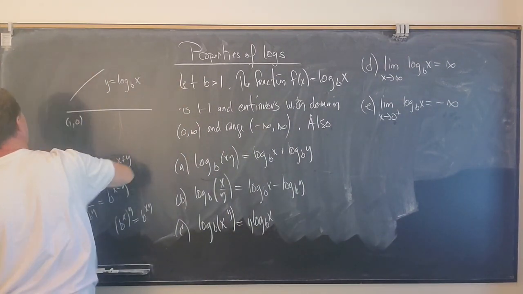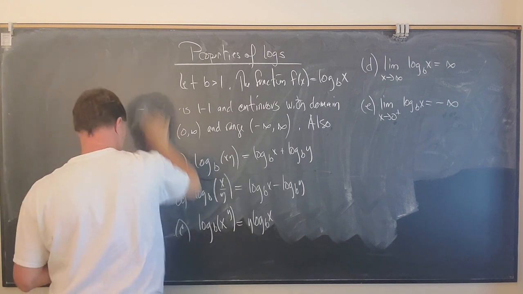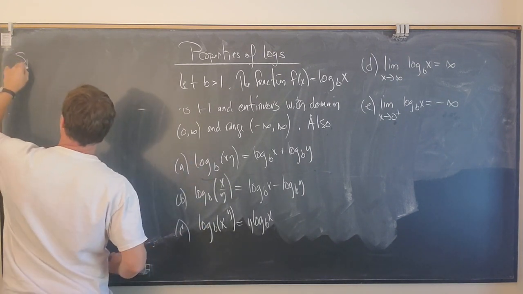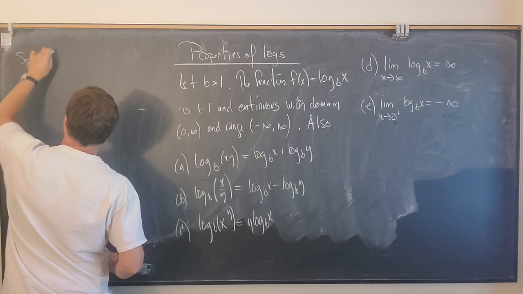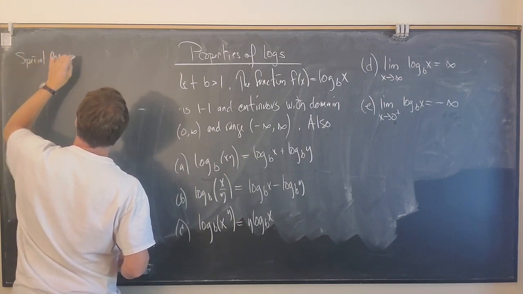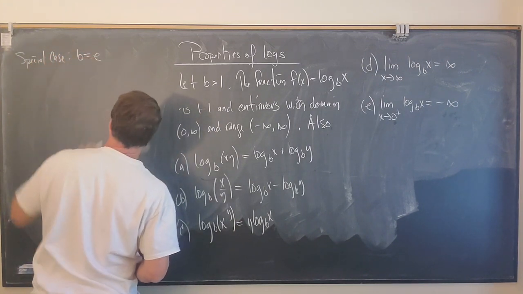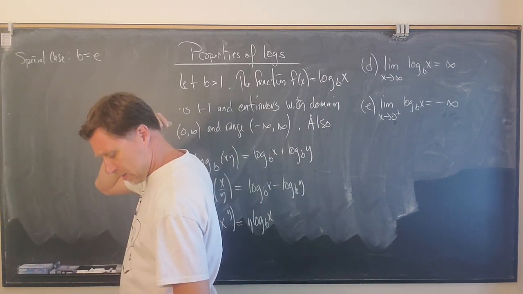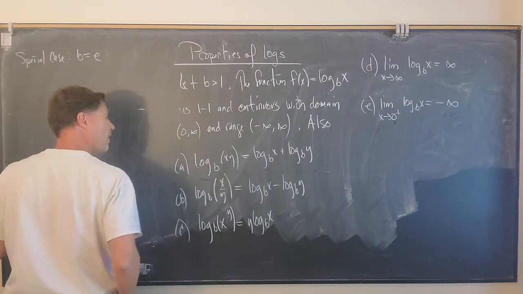There's one special case. We're dealing with logs, so special case. And that's when our base is equal to e. In that case, the logarithmic function is called the natural log.